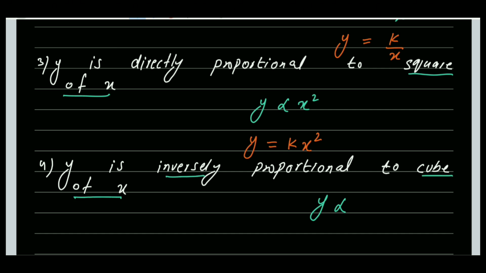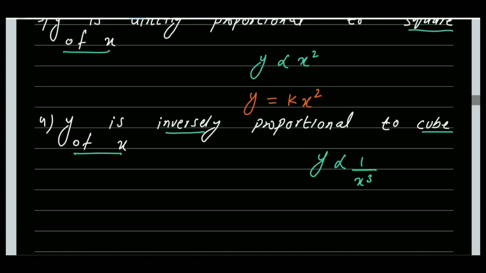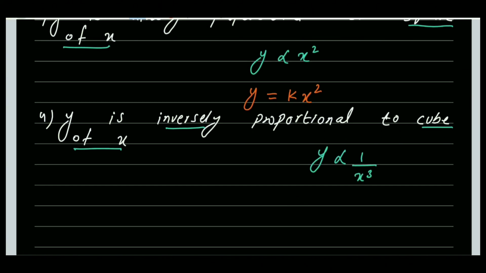So please read the statement very carefully, whether it is inversely proportional or directly proportional, and to which variable. Here the term is cube of x. Inversely means that term will be in the denominator. Cube of x will be x cube. So in the form of equation, y is equal to k over x cube.